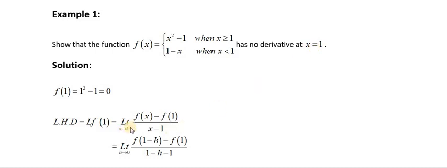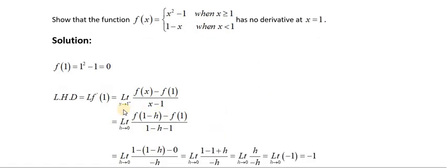That's why 1 minus f of x minus f of 1 by x minus 1. So now I am going to change x tends to 1 minus as h tends to 0 by replacing x by 1 minus h.